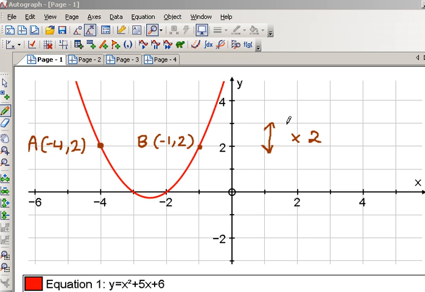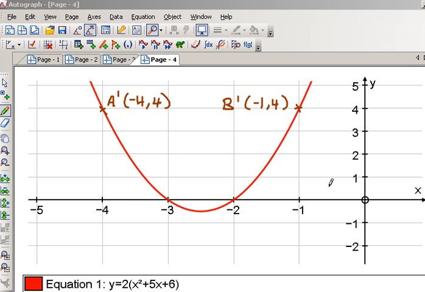What we'll find is because we're stretching in the y direction, the x coordinates, so that's the -4 and the -1, do not change, but the y coordinates this time will be multiplied by the stretch factor. So because the stretch factor is 2, that becomes 4, and this one becomes 4. And this is the graph after the stretch in the y direction of times 2 has been applied. And as you can see, the y coordinates have changed, but the x coordinates are still the same.